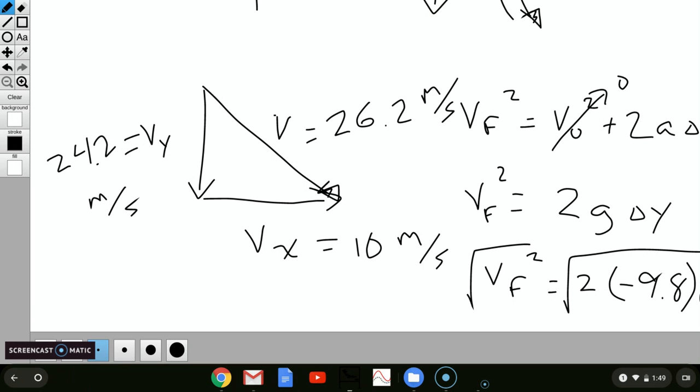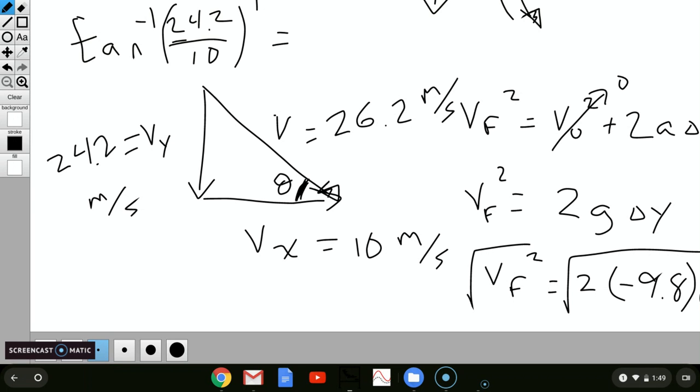Now, if we need to calculate the angle, the impact angle, I'm going to calculate this angle right here. So that's what theta is going to be. I'm going to take the inverse tangent of my opposite over adjacent, my opposite being 24.2 over 10. And I should get my angle here.